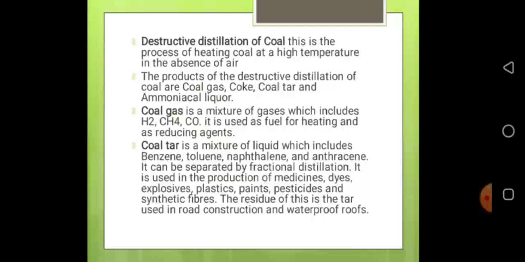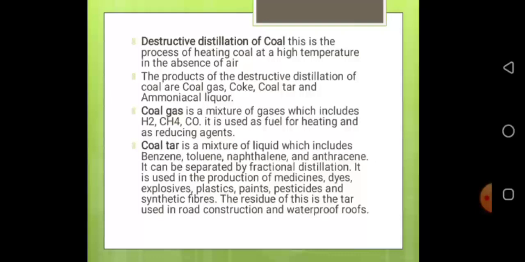The products of destructive distillation of coal are coal gas, coke, coal tar, and ammoniacal liquor. So when we heat the coal at high temperature, it produces coal gas, coke, coal tar, and ammoniacal liquor.